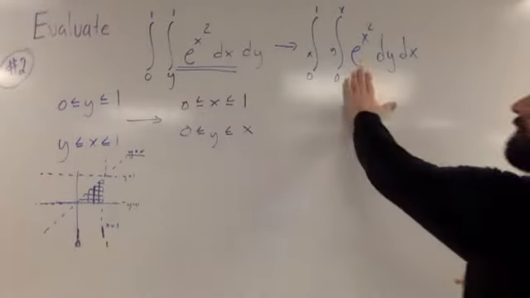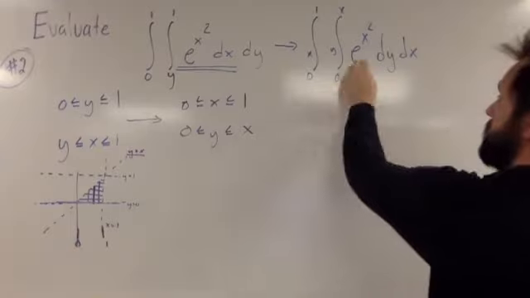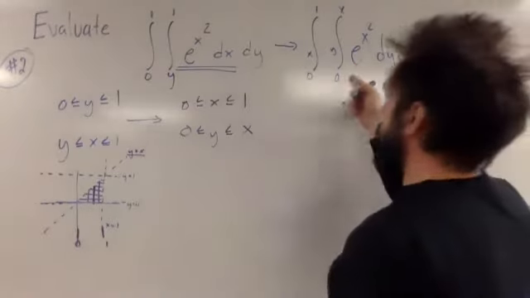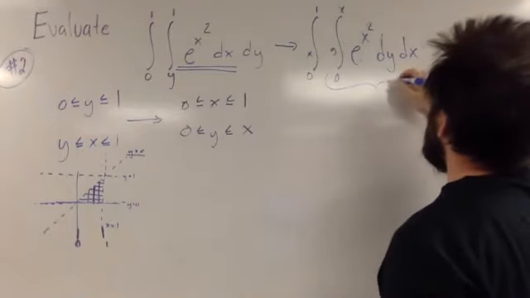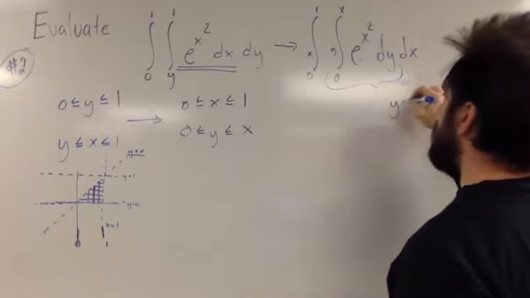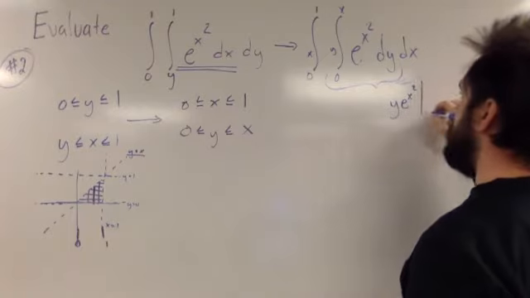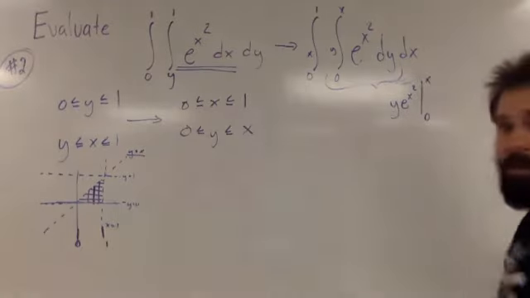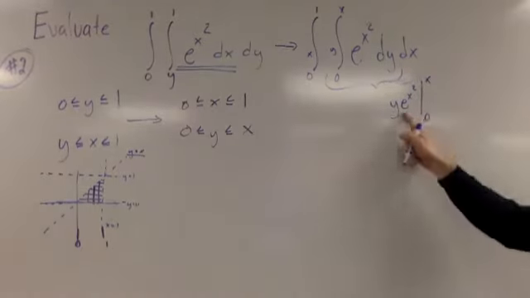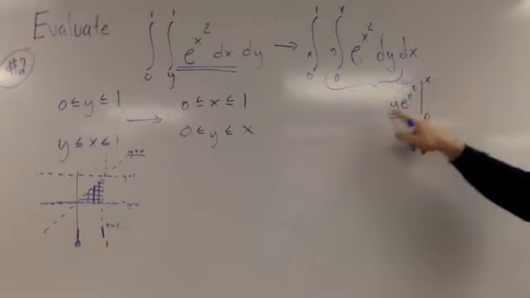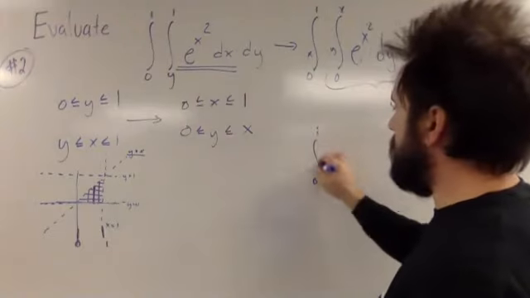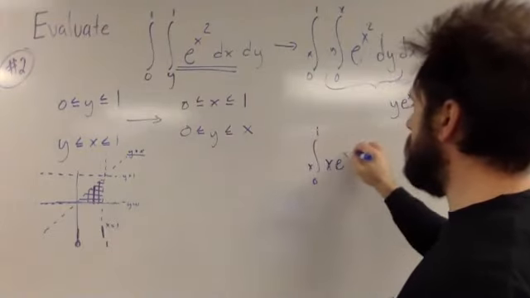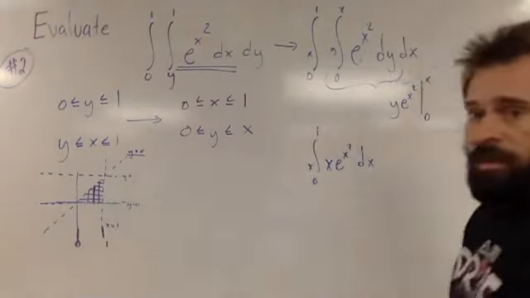Now, this is just a constant in terms of y. So this antiderivative is just going to pick up a y value. So this is going to be y e to the x squared evaluated between 0 and x. When I plug in the 0, this just goes away. When I plug in the x here, this now gives me the integral from 0 to 1 of x e to the x squared dx.